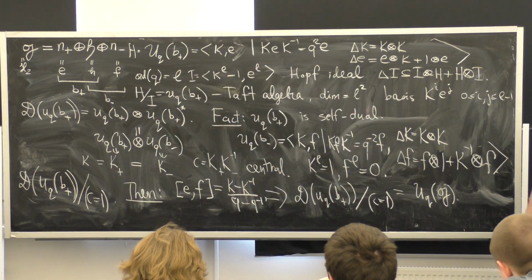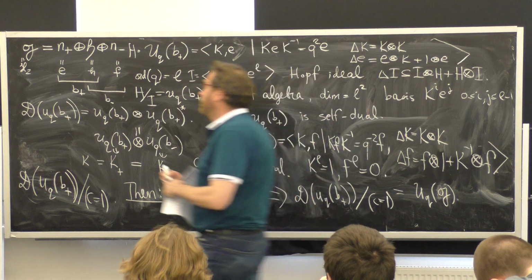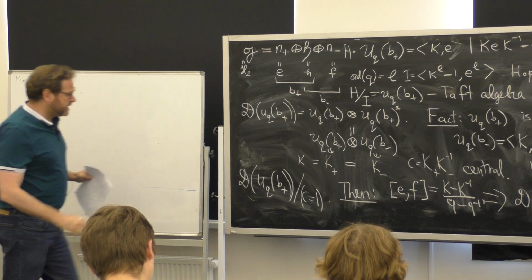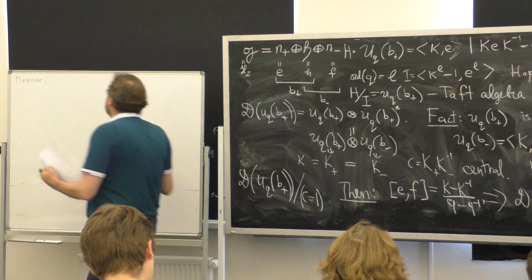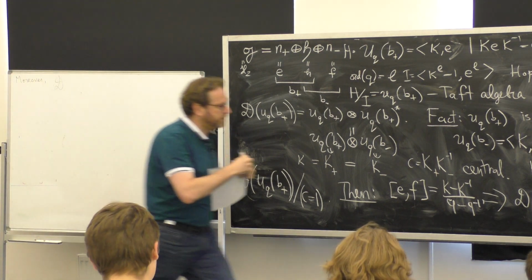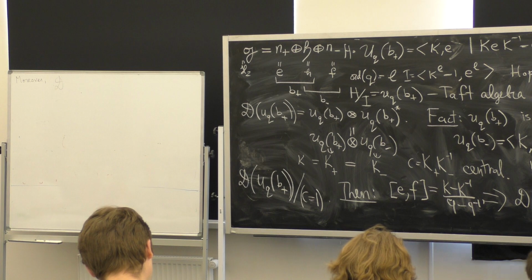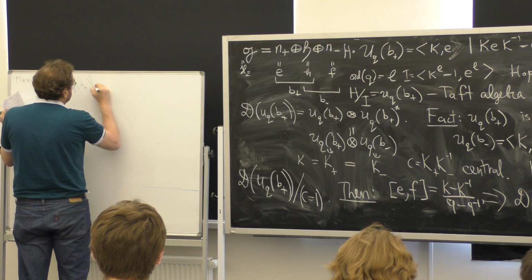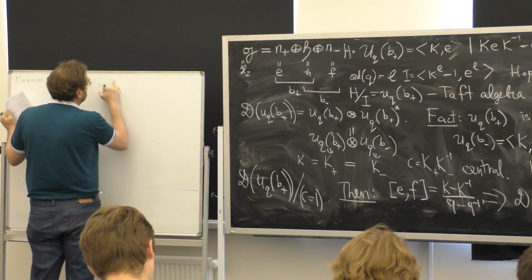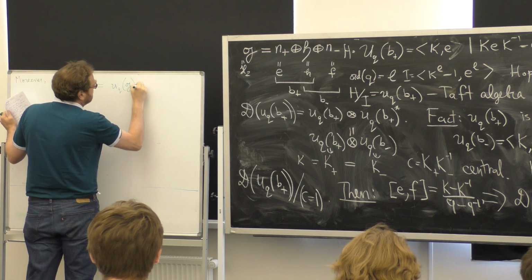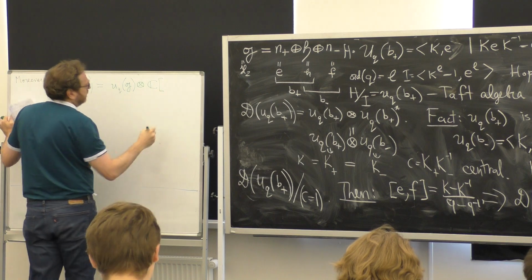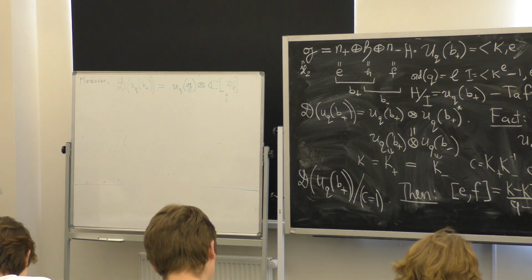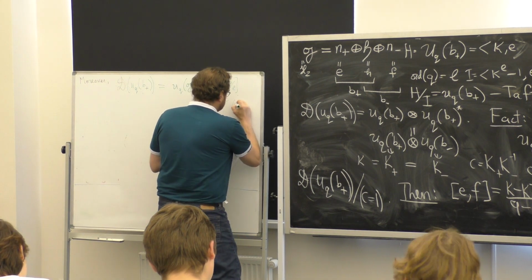And in fact, you can say more than that. You can say that this is really a split extension in the sense that the double of UQ of B plus is equal to the small quantum group UQ of G tensor product with the group algebra of Z mod L, which is generated by this element C. If L is odd, so we will be considering the case when L is odd.